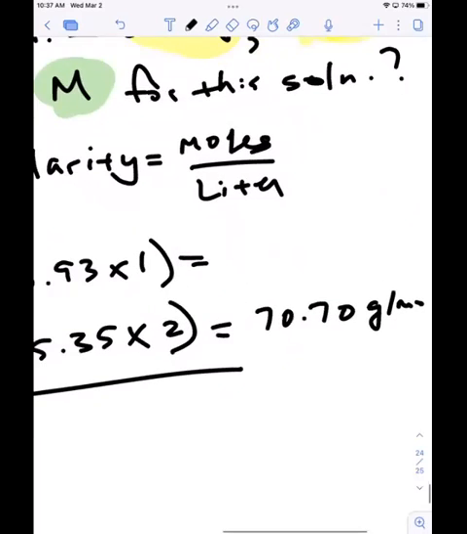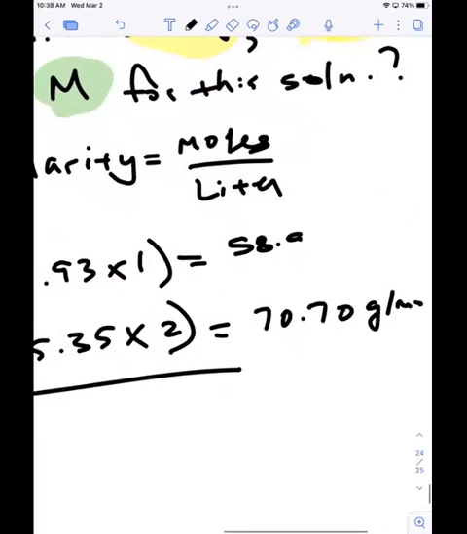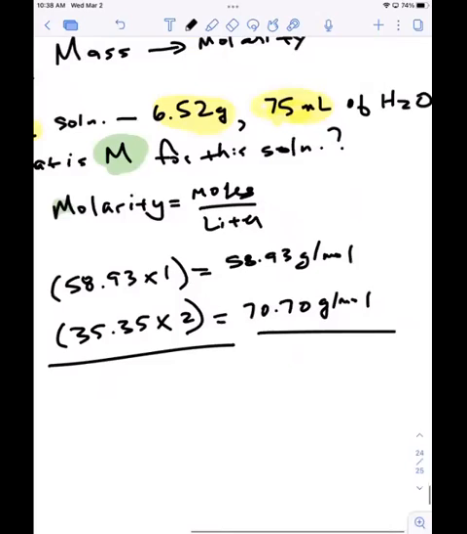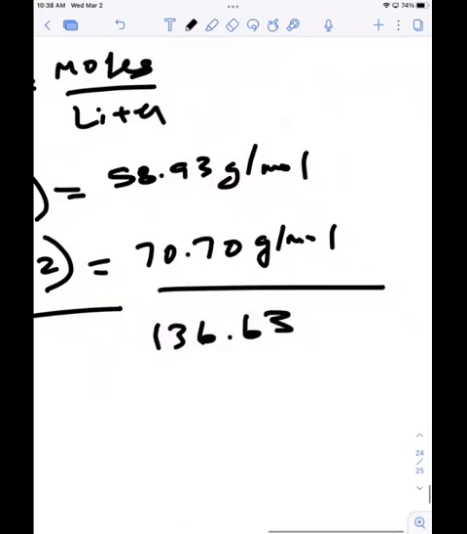And then the cobalt, 58.93 grams per mole. So what's the total there? Is that 136.63? No, sorry.